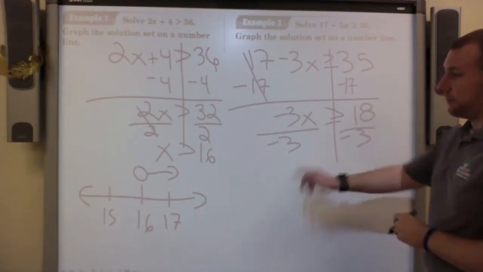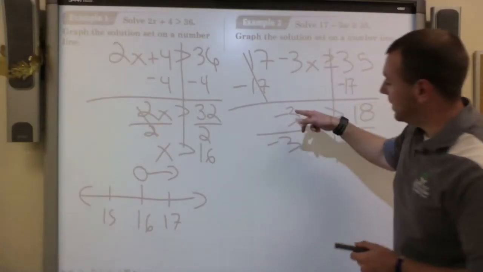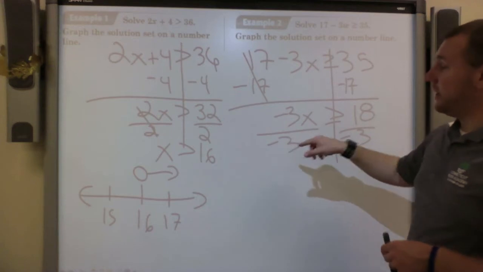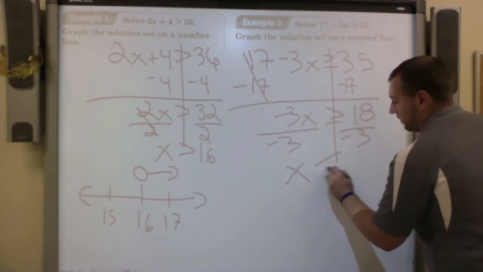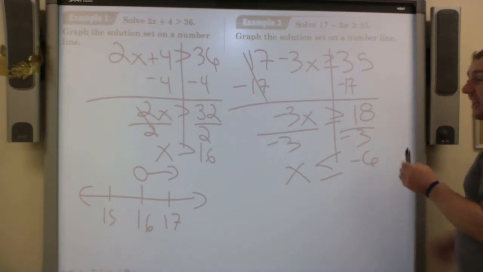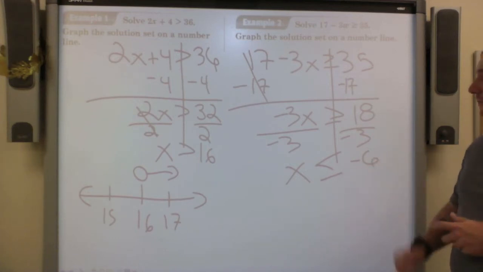And that's the key. I divided here by a positive 2. I divide here by a negative 3. If I divide by a negative, this inequality flips. If you divide by a negative, you flip the inequality.